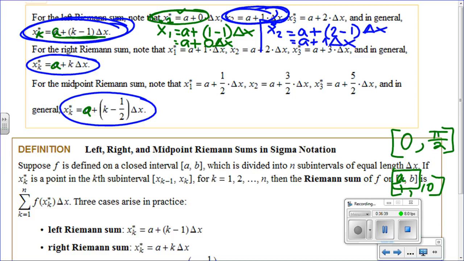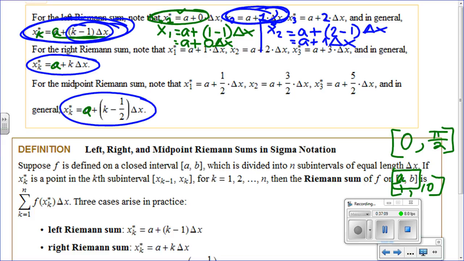Now, what does that tell you? Do you guys see a little pattern? Maybe not yet, it's too soon. If you're looking for the second term, how many times are we going to add that delta x? 1. We're looking for the third term, 2. So it will be 1 less than the index. Index is like the subscript. Okay? Right.